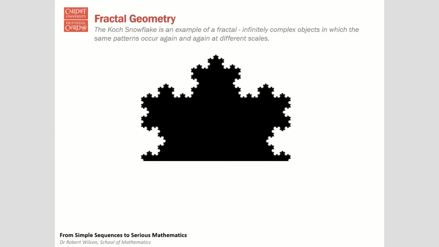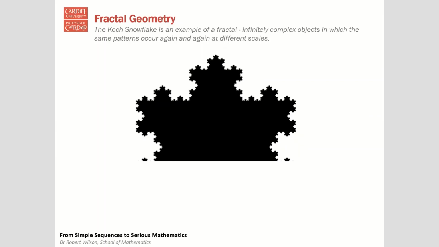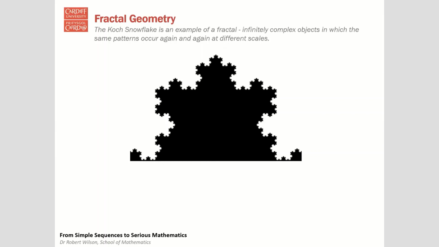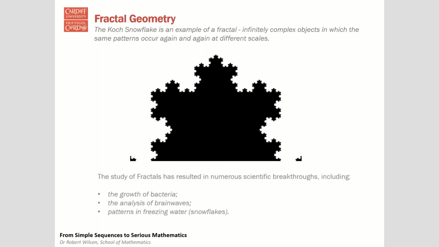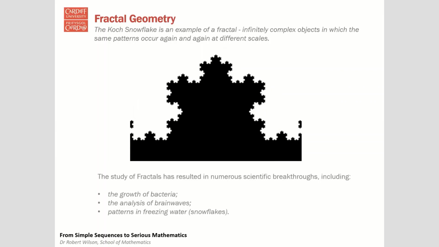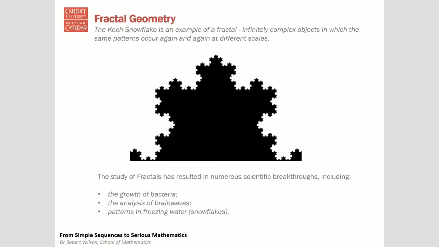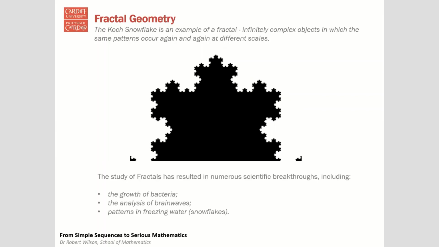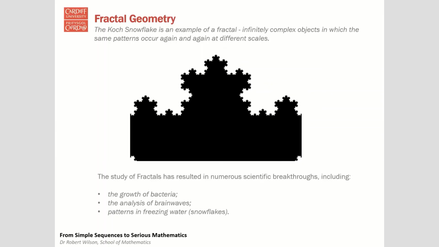It's beautiful in the sense of mathematics and pure mathematics in its own right, but it also has led to numerous scientific breakthroughs in other related disciplines, not least through being able to analyze the growth of bacteria, analyzing brain waves, and, as we've just seen through the snowflake, patterns in freezing water.